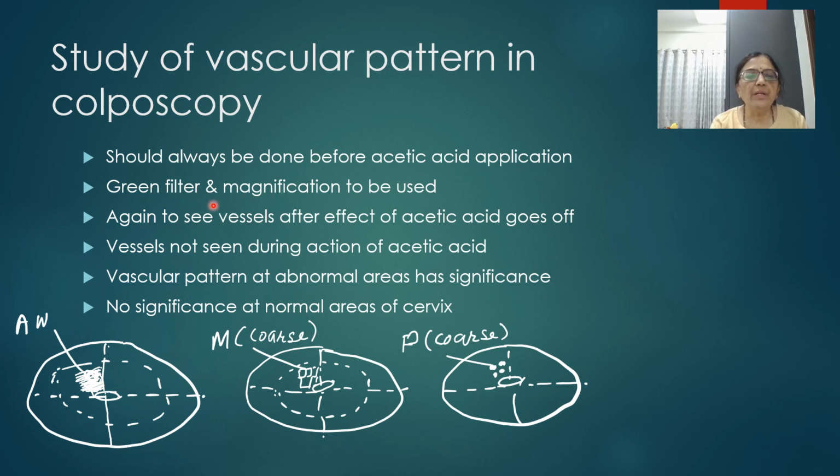We need a green filter for that, and magnification also needs to be used to see the fine vessels. We should look at the vessels again after the effect of acetic acid goes off. So we should see the vascular pattern twice: first, before application of acetic acid, and secondly, after the acetic acid effect goes off.